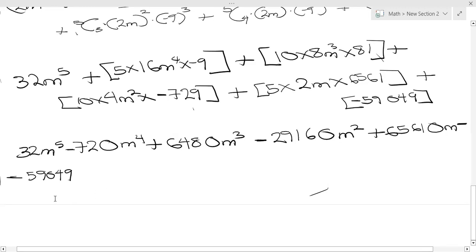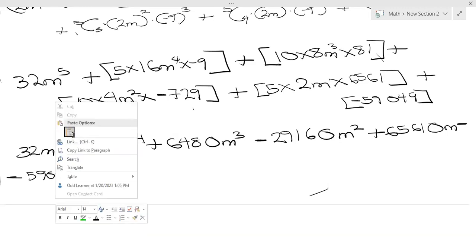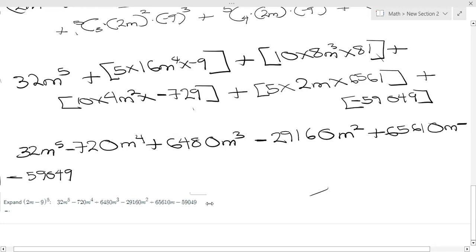So this is 2m minus 9, right? 32m5, yeah. 720m4, yeah. 648m plus 648. Be careful of the signs, yeah. Minus 29160, yeah, correct. Plus 65610m, yeah, correct. Minus 59049.